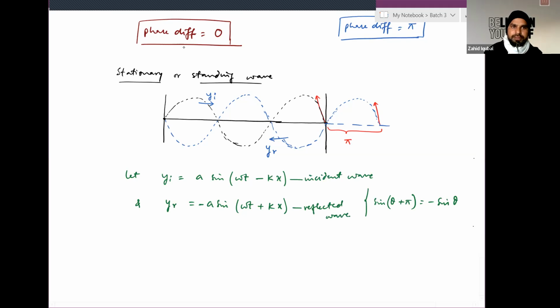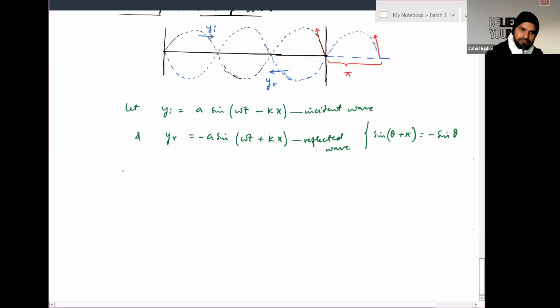So on superimposition, adding these two waves, y equals y incident plus y reflected.